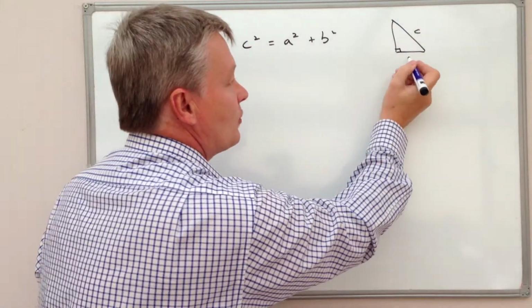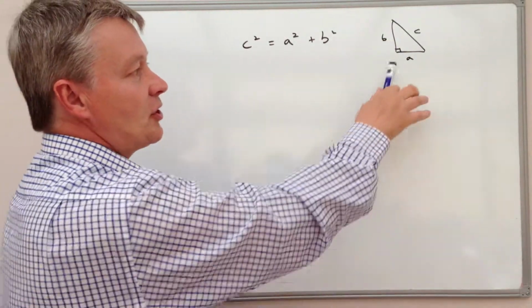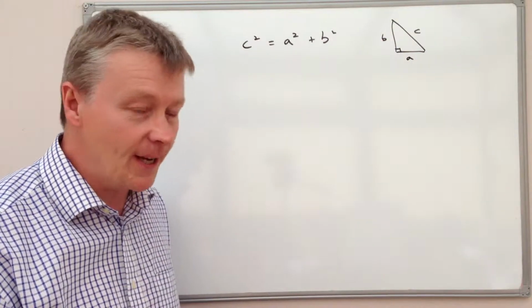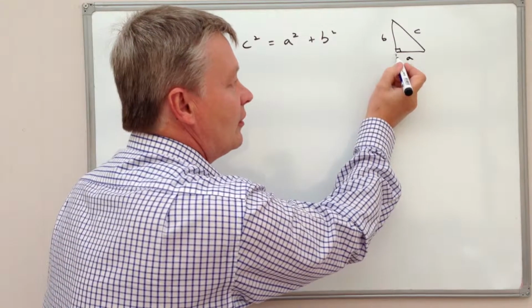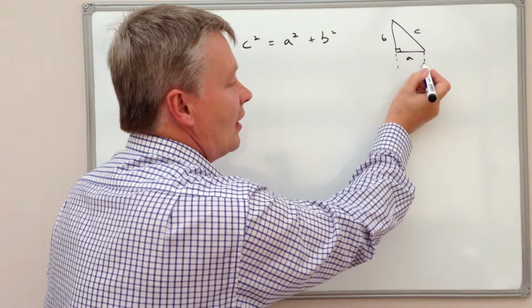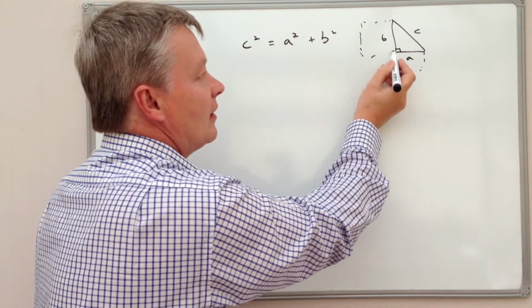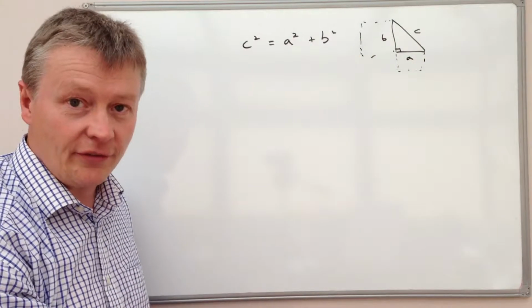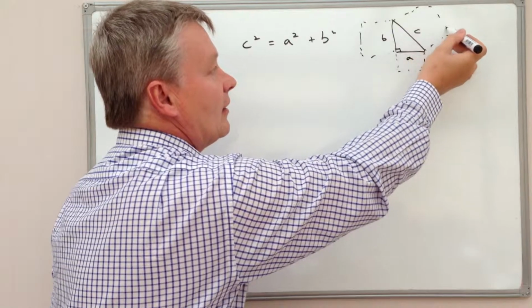The adjacent will be a, and the opposite will be b, or these two other sides will be a and b. And Pythagoras says that if you square this side and you square this side, if you add those two together, you get this side squared.